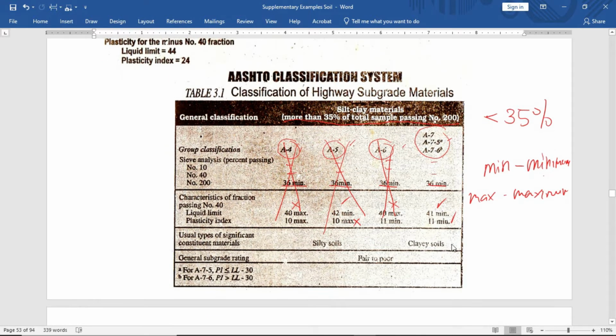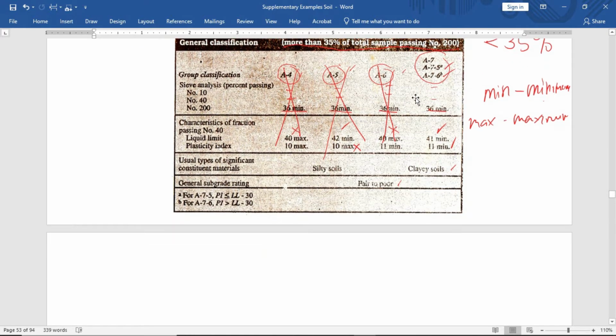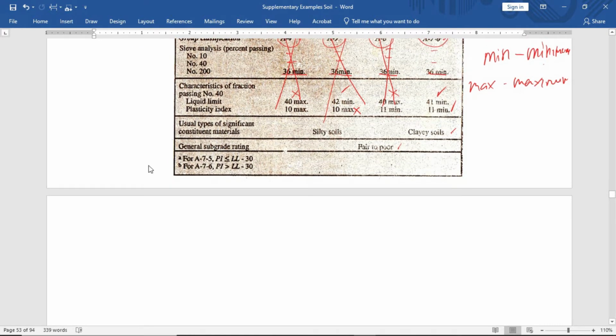Consider natin na itong part na to ay clay soil. Yung natin ay A7, may dalawang category pa yan: A7-5 at A7-6. Ngayon, paano natin malalaman kung A7-5 ba yan o A7-6? May dalawang solution.